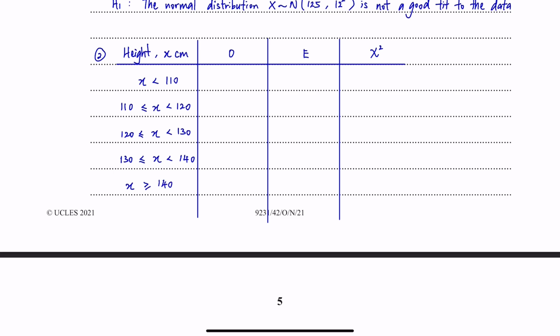So after copying all the categories, we need the last row being the total.